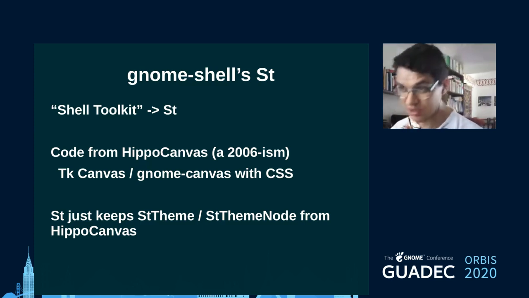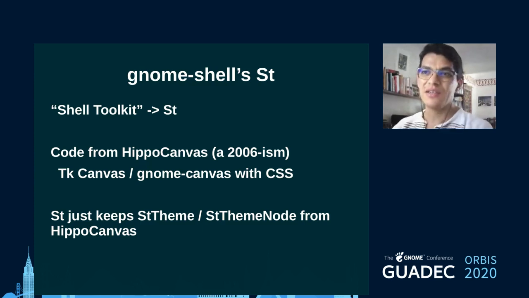But they left us with HippoCanvas, which was actually a very nice derivative of the really old GNOME Canvas. GNOME Canvas was a retained mode graphics infrastructure that many applications used back then.